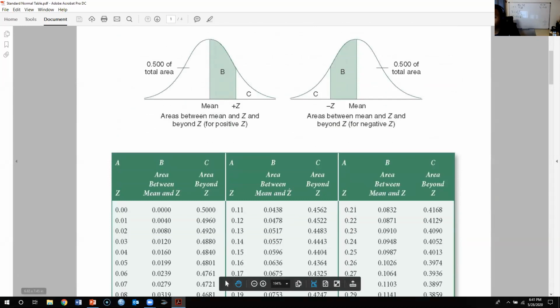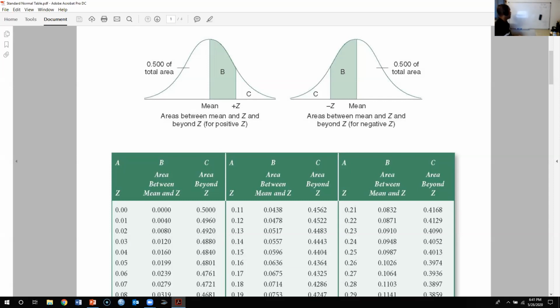And what you're going to see in the B column is the area between the mean and Z. And what you see in the C column is the area beyond the Z, okay? So it's a lot of stuff. Let's go ahead and talk about our Z value of 1.28.